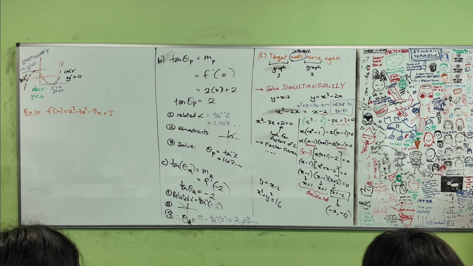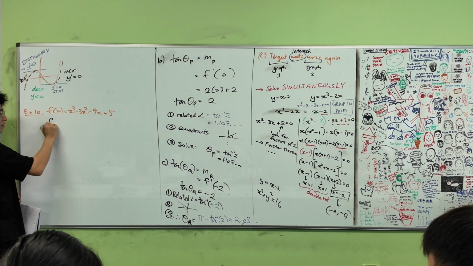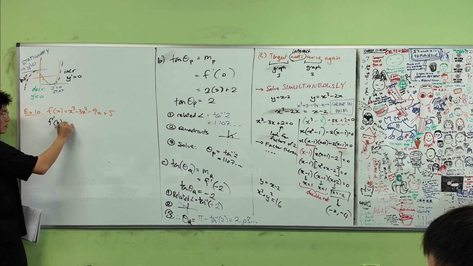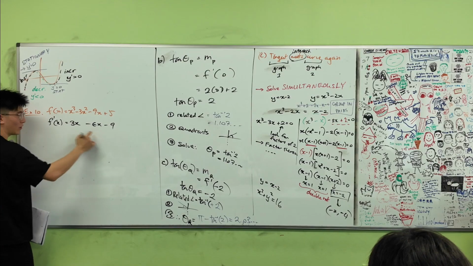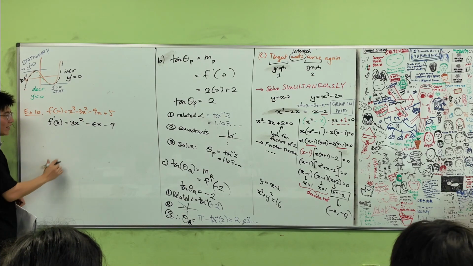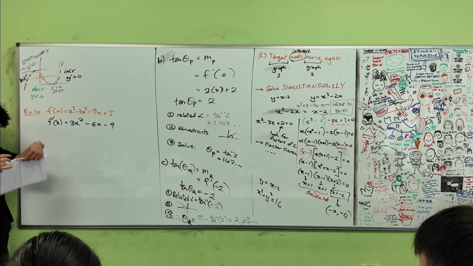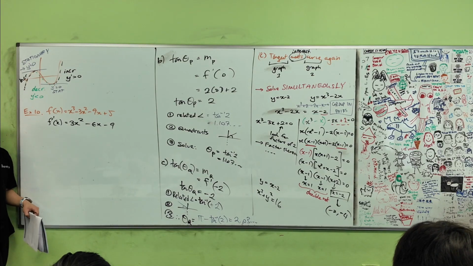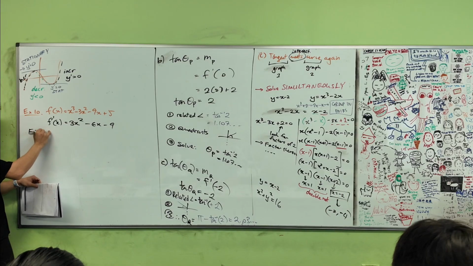Let's go to example 10 for me. Which is f dash, right? So, can you tell me f dash? Come on. 3x squared minus 6x minus 9. What does the question say? Increasing or decreasing? Increasing. What do I want for increasing again?